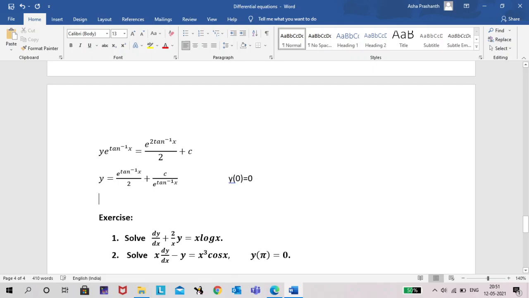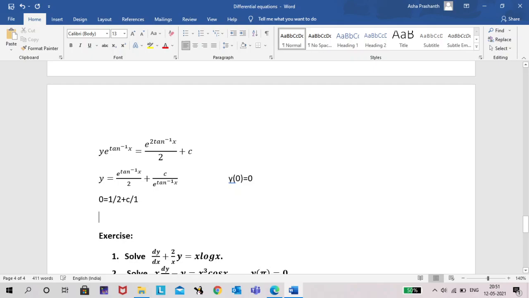You will get 0 is equal to e to the power of tan inverse of 0. Tan inverse of 0 is 0 only. So e to the power of 0 is 1, and then you will get 1 by 2 plus c by 1.